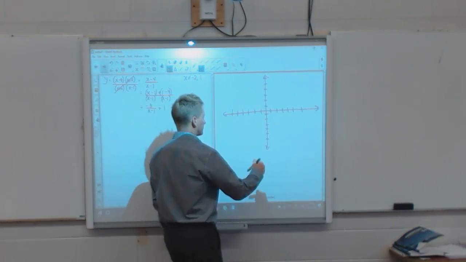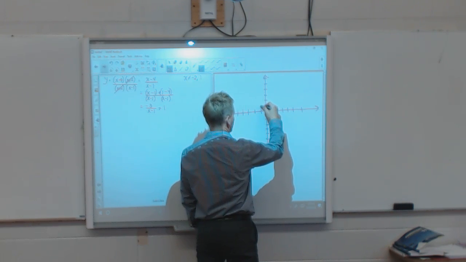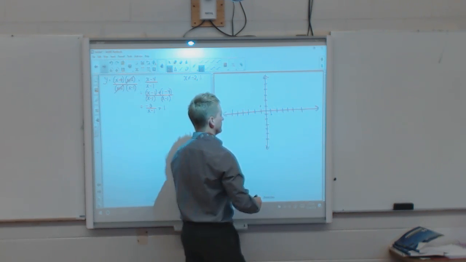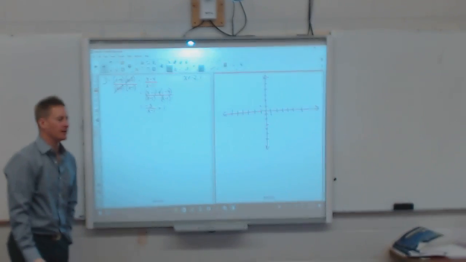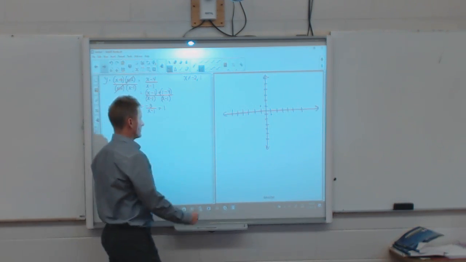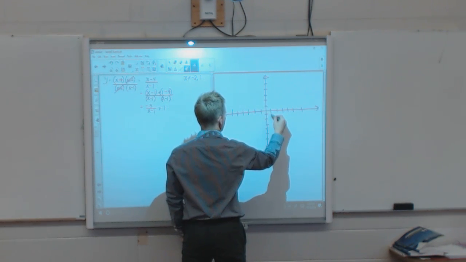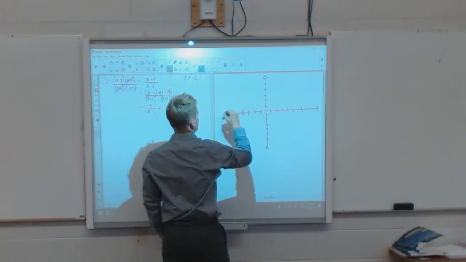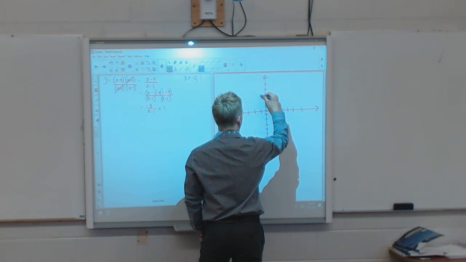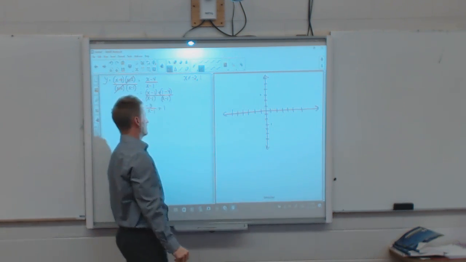Okay, so that 1 and 1 becomes 1 and negative 1, and that becomes that, right? So I flipped them. Now I have to multiply them by 3. So that becomes negative 1 and 3, which is right here. This one becomes 1 and negative 3, which is down here.